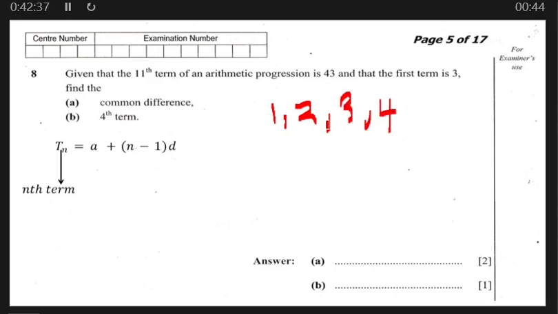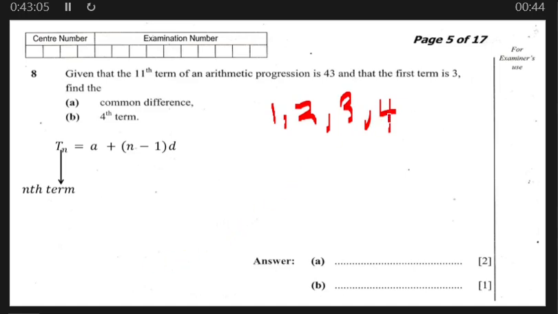This one is a sequence, and this sequence is an arithmetic progression because in between consecutive numbers there's a difference of 1. Between 1 and 2 the difference is 1. Between 2 and 3 the difference is 1. Between 3 and 4 the difference is 1. So such a sequence is known as an arithmetic progression.